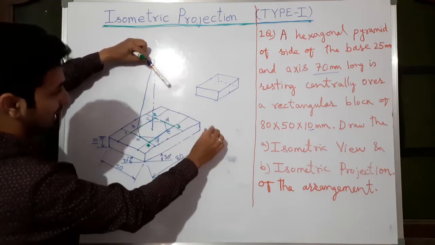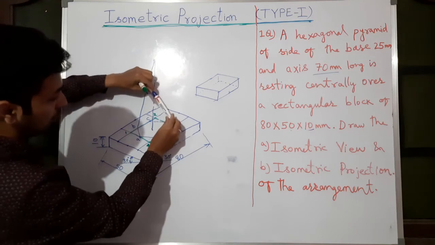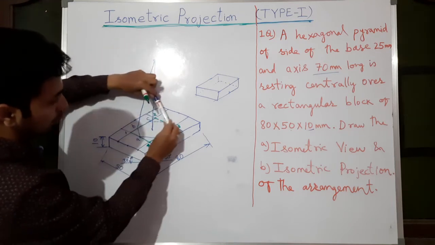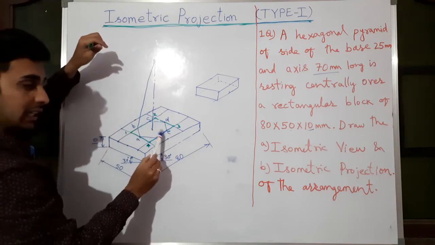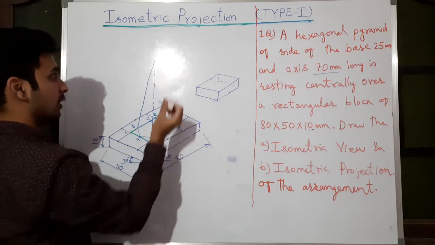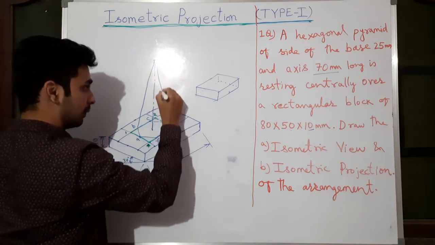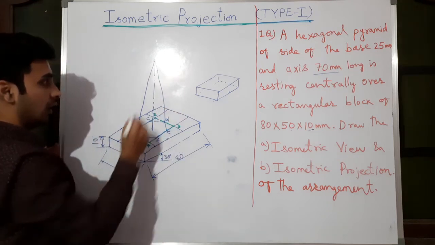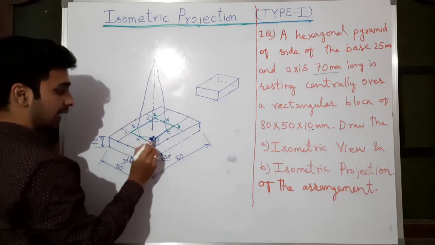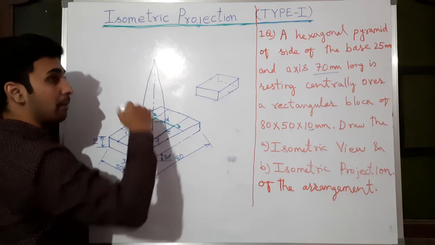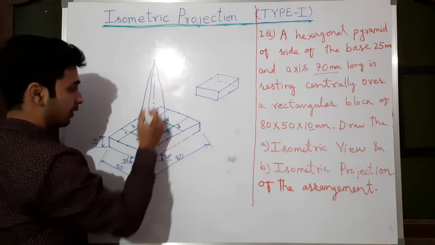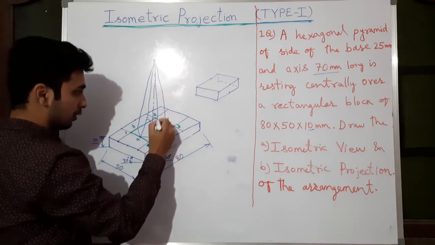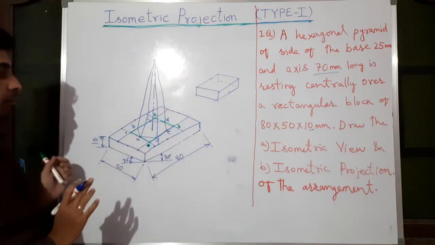As soon as you rotate, the first point that comes in contact with the scale is D, not point E. So this is your end. Here you need to join this, followed by A, F and E. C will be at the back side. This is how we have completed.